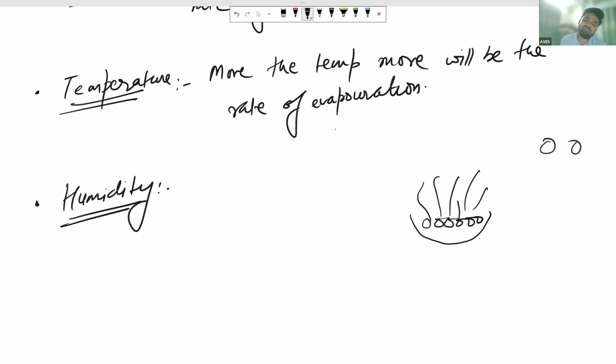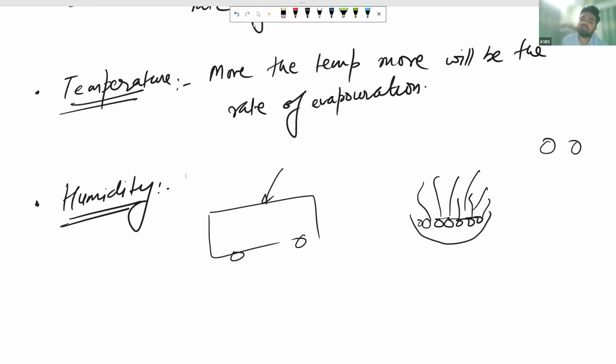For example, if you are going in a bus and this bus is already full, there is no vacant seat. If two buses are coming, bus A has a lot of empty space and bus B has no vacant seat, in which bus will you try to go? You will go in the one which has more vacant seats.